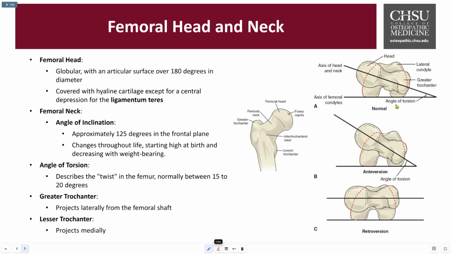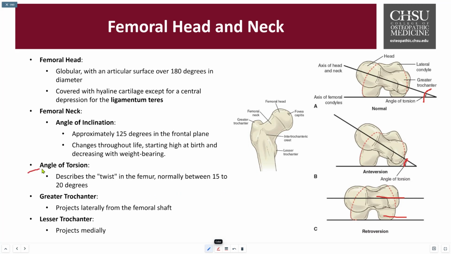On the right side, you can see a normal angle of torsion, and then it changes. Over here, anteversion, where the femoral head is more protruded anteriorly, and that angle increases. And if it folds down further and closes the angle in parallel, this is called retroversion.